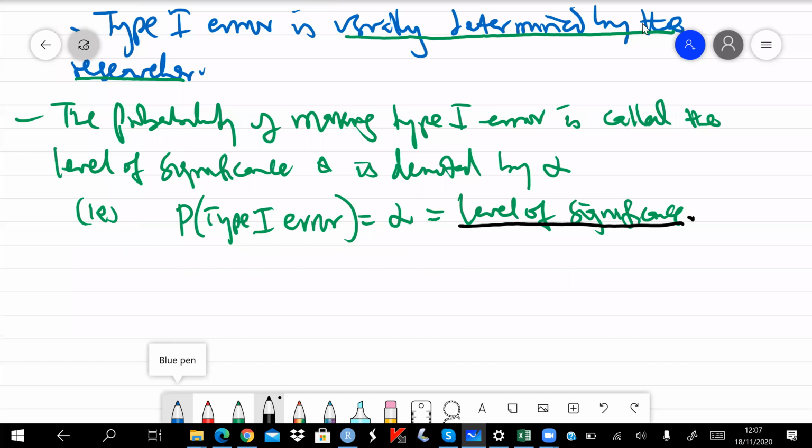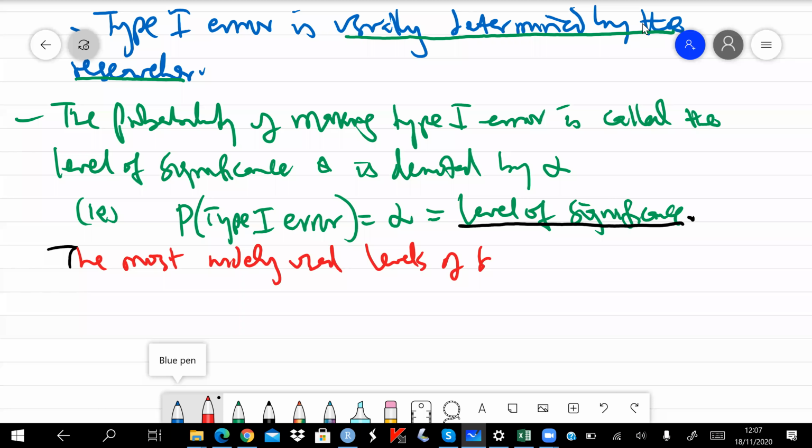The most widely used levels of significance are 5%, which is the same as 0.05. So that's the probability you can set of making type 1 error.